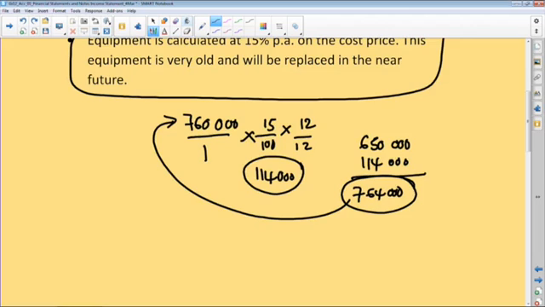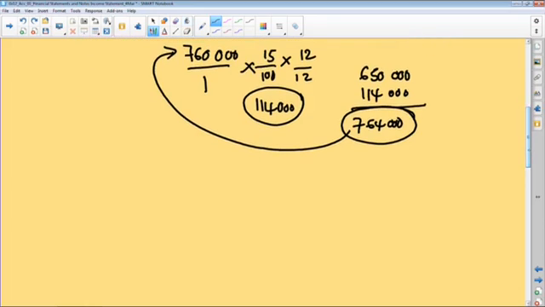Simple. Take your 760,000, right? And ask yourself, what is the maximum depreciation that you can write off? Okay? Now, obviously, you want to be left with the carrying value of 1 rand.